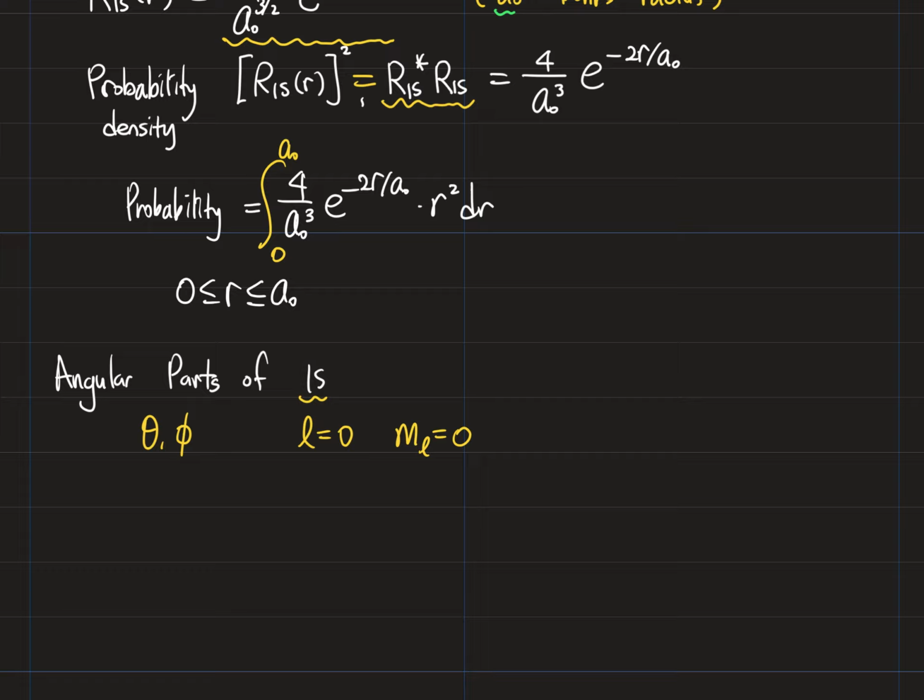And if you're trying to find the spherical harmonics with l equals 0 and m sub l equal to 0, it is just a constant, 1 over square root 4 pi. So that's why we don't see any angular dependence for 1s orbital, right? There is no variable theta and phi, so it is just a constant.